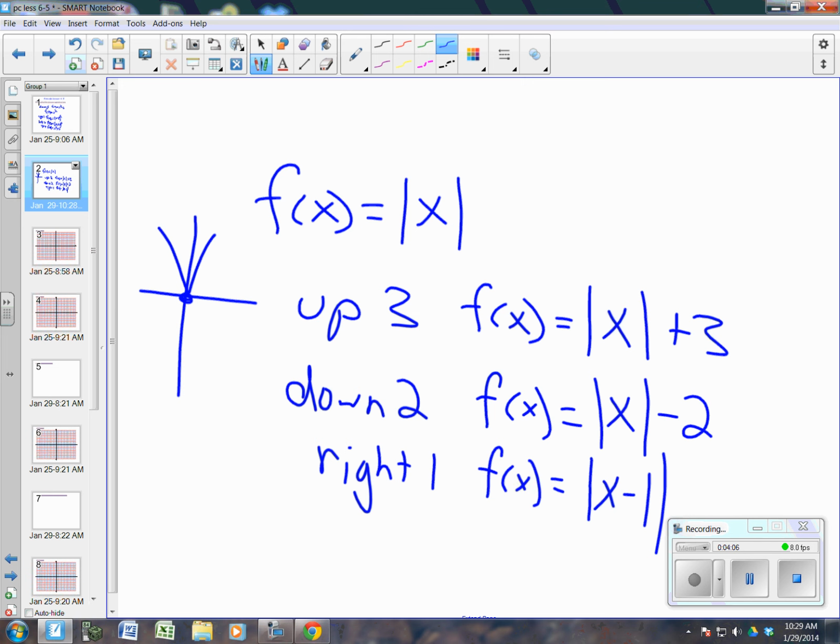How would I go left 7? Replace x with x plus 7. That's how I move it left 7. Any questions on that? That's horizontally shifting or vertically shifting something.